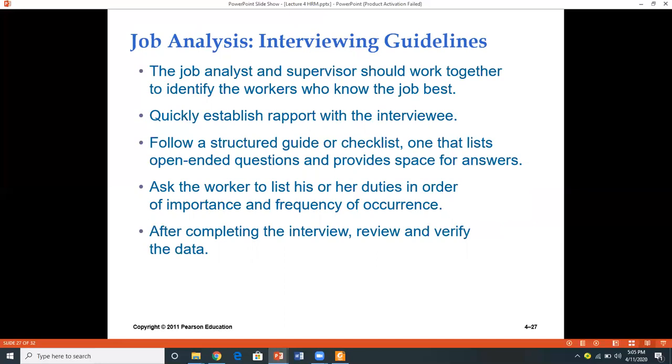Follow a structured guide or checklist that lists open-ended questions and provides space for answers. Ask the worker to list his or her duties in order of importance and frequency of occurrence. After completing the interview, review and verify the data.